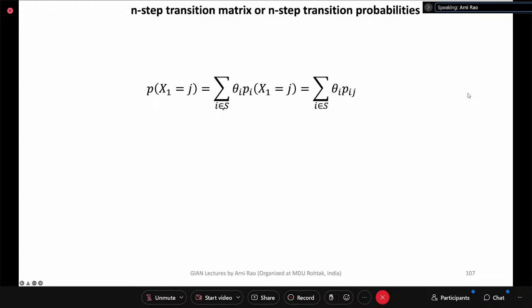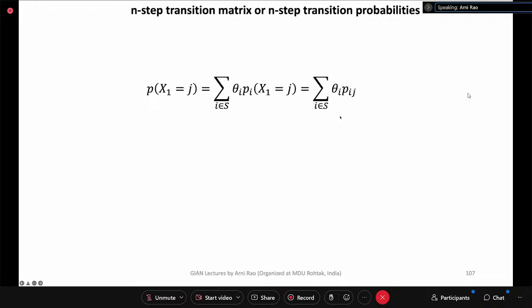That's why theta i, from i belonging to the state space. i belongs to S means S is the state space. Theta i, this i is changing. So it could start from anywhere and reach j. So starting from theta i, the initial distribution, initially at theta i, then i to j. This is written as theta i Pij.